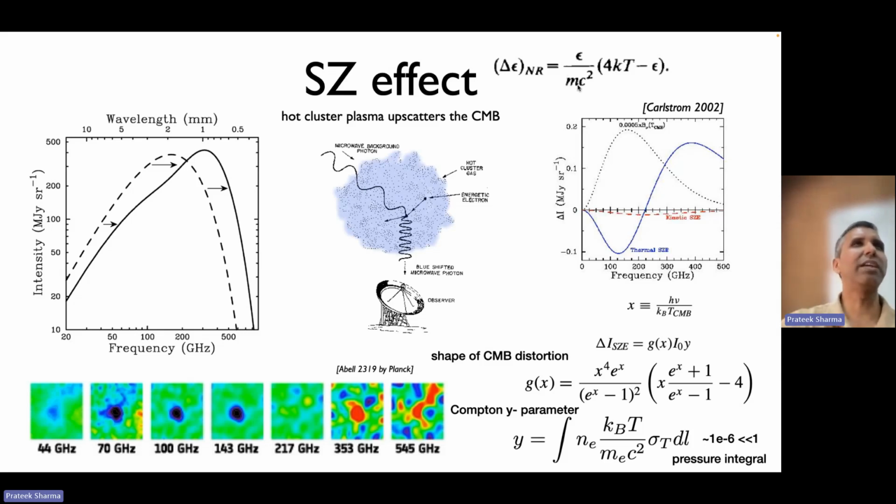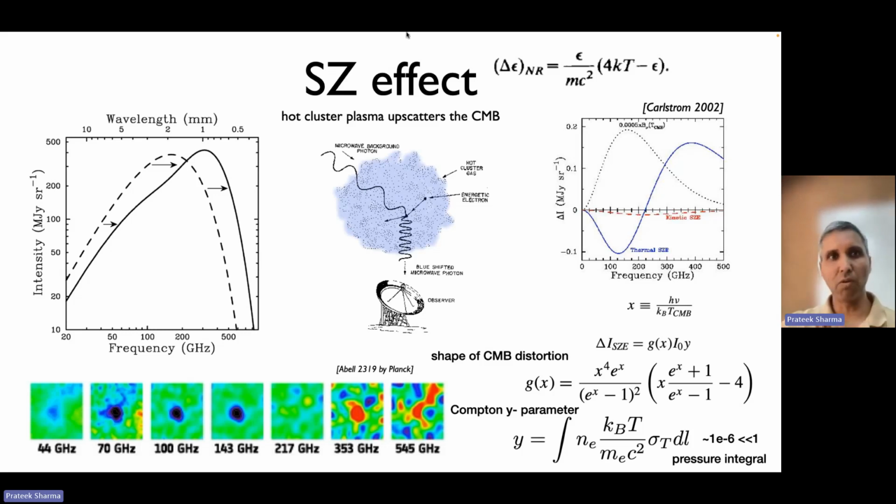This is a result you get from averaging over all the angles, and it is done in Rybicki and Lightman, so I encourage you to check that out if you want to go into the physics of how this comes about. But this is the answer: for every scattering between electrons and photons, delta E by E of the photon is 4 kT by m c squared.